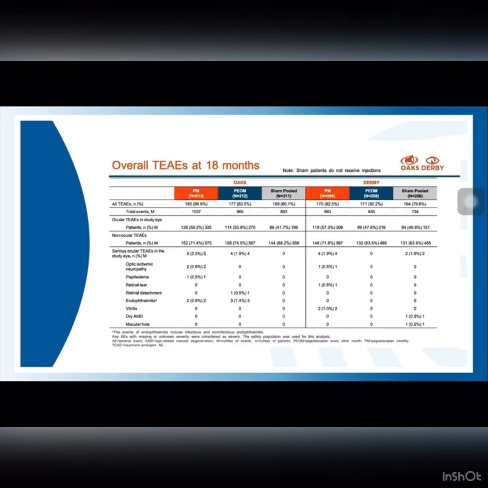Here are overall TEAEs across all treatment groups in both the DERBY and OAKS studies at 18 months. Looking at serious ocular events, you can see there were 5 cases of endophthalmitis in the OAKS study compared to 0 in DERBY, and these cases included both infectious and non-infectious endophthalmitis.